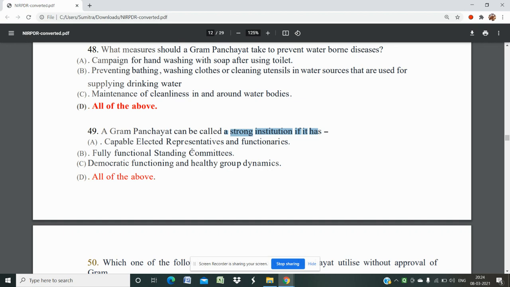Yes, the representative should be capable enough to do things, to make decisions and participate in the decision making process, etc. Functional standing committee, democratic functioning, healthy group dynamics, with civil societies and other community members also. All these are the primary factors for a strong gram panchayat institution.